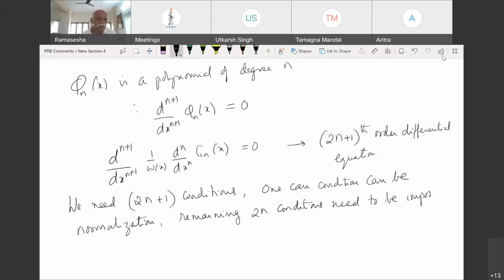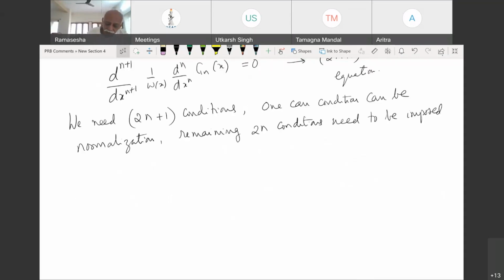So these conditions are going to be the following. You can say that G(a) equal to G'(a) equal to G to the power n minus 1 at a equal to 0. So this is n conditions at one boundary point, which is a.